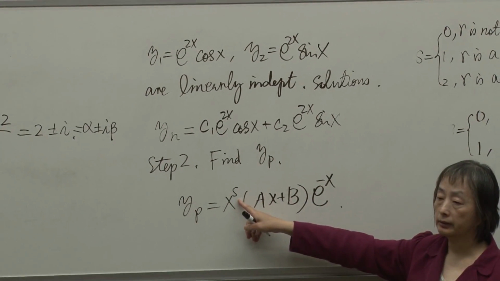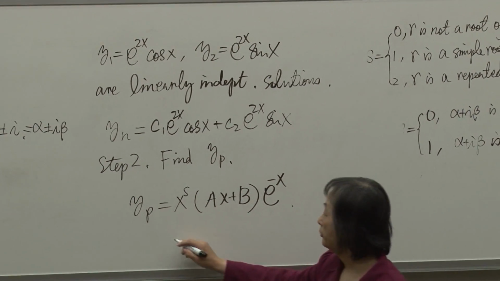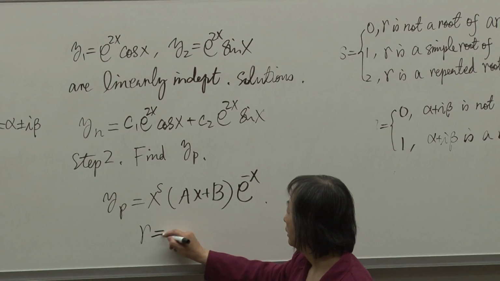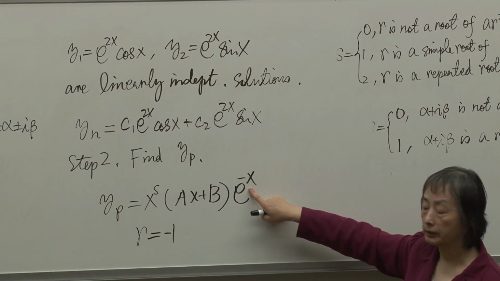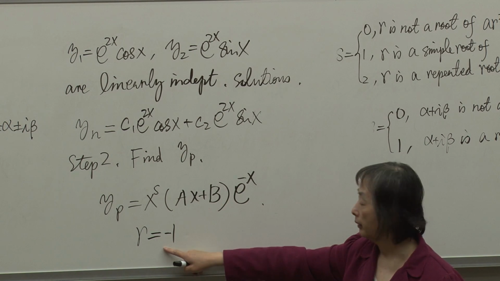This s is chosen depending on the coefficient of x in this exponent, which is negative 1.